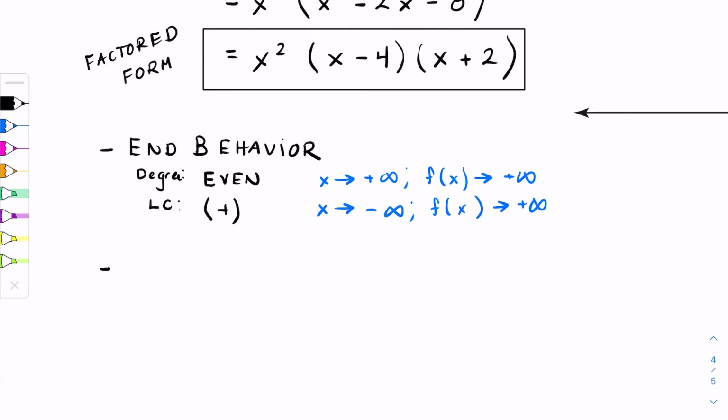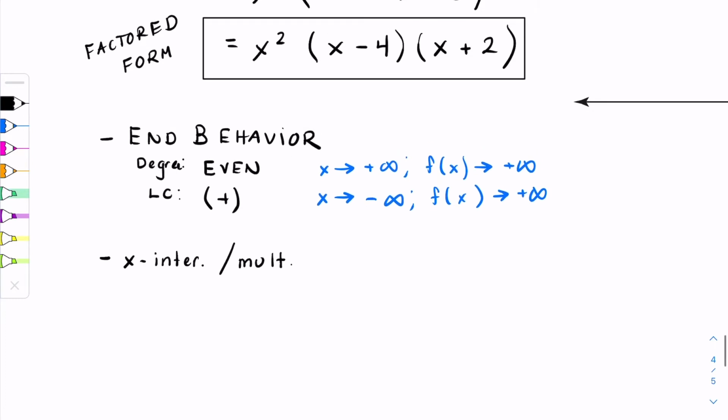Next, we're going to find x-intercepts. And with this, let's find the multiplicity and what happens at that point. Our first factor, x squared, that would be x equals 0, or 0, 0.